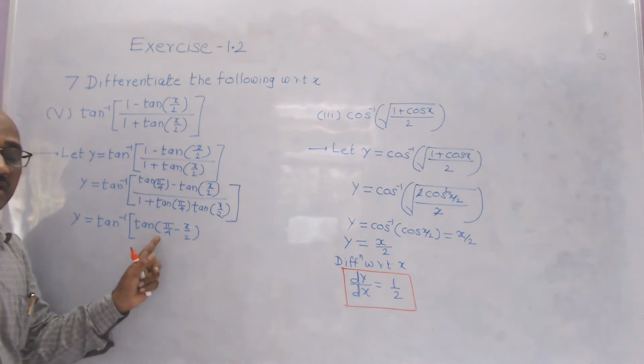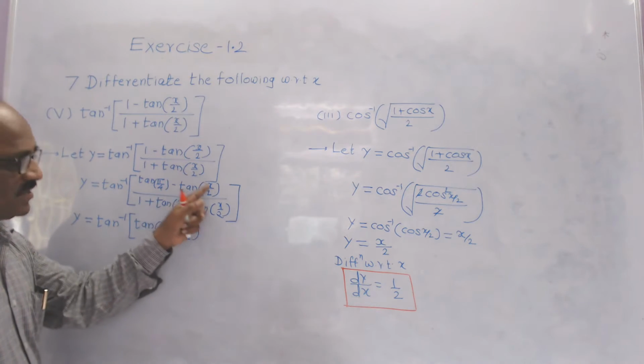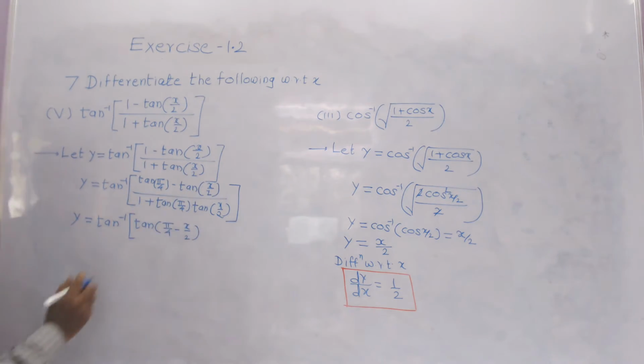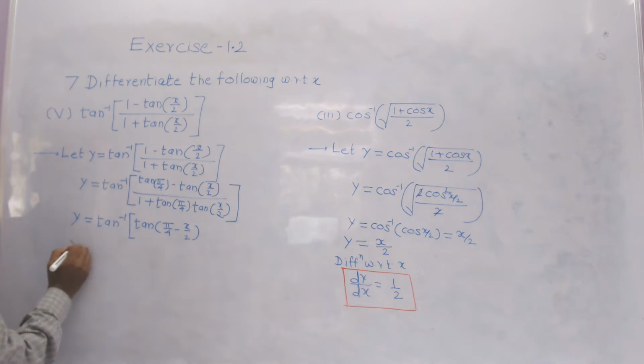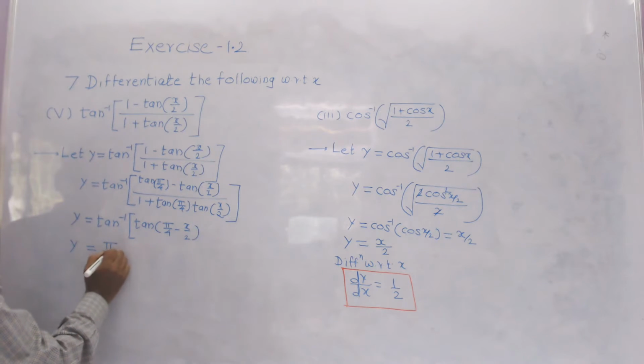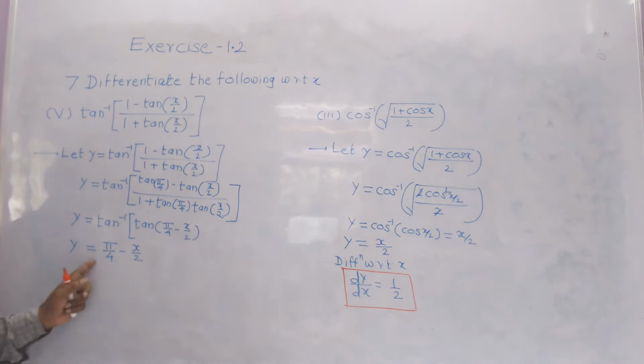What is the formula for tan of a minus b? Tan a minus tan b upon 1 plus tan a into tan b. Now tan inverse of tan of theta is equal to theta. By using that formula, here you will have pi by 4 minus x by 2.